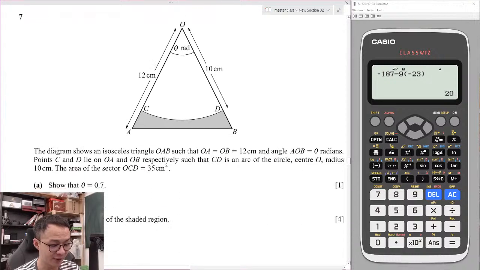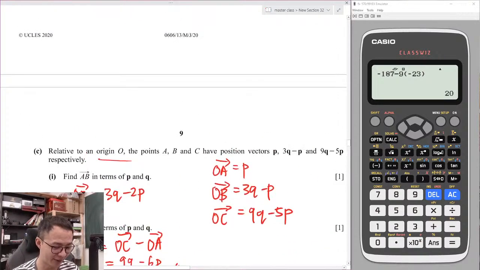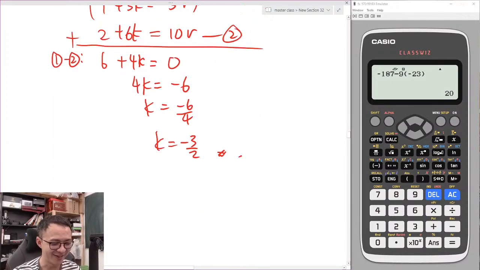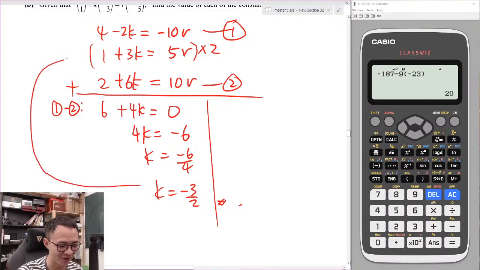Okay, so number 7. The K and R for the previous question. I forgot about K and R. Oh yeah, I still need to find R here. I'm sorry, I just did it way too fast. You need to sub the K value back into any equation you like to find R. Let's say I sub into this one: 1 plus 3K, negative 3 over 2, equals 5R.